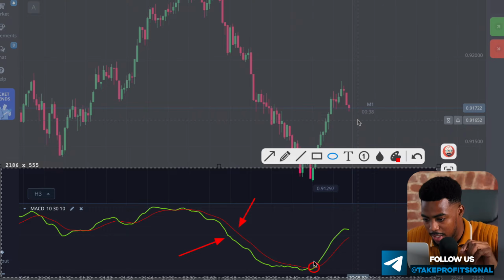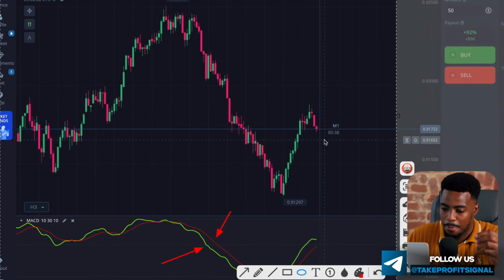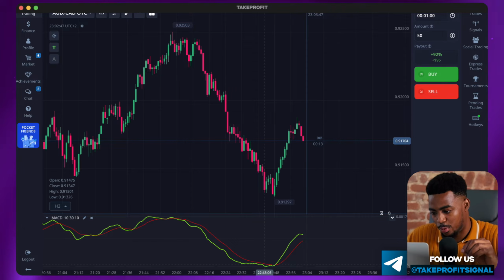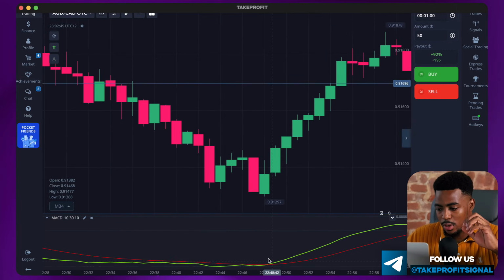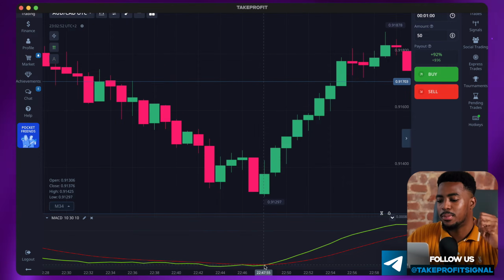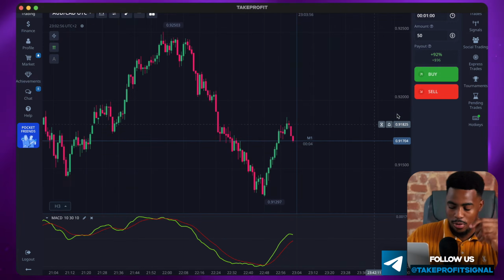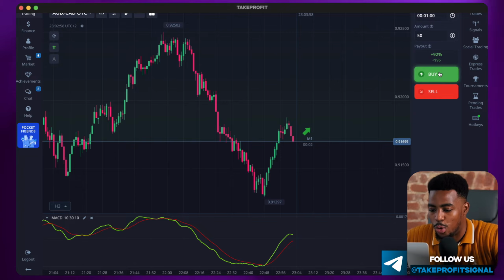And as you can see, our trend is descending. When they intersect, we understand that there is a change in trend. Specifically, at this point where the indicator lines crossed, we understand that the trend changed from descending to ascending. Therefore, our task is simply to join this trend. Let me open the first trade and you will see how easy it is.